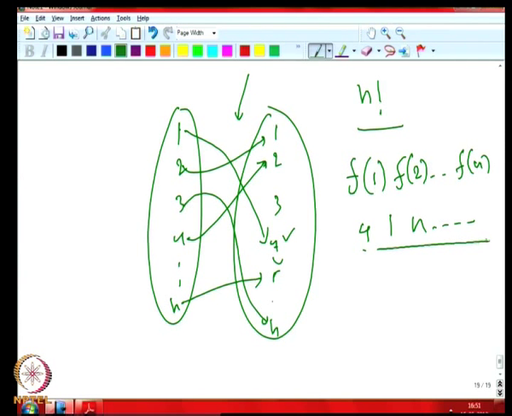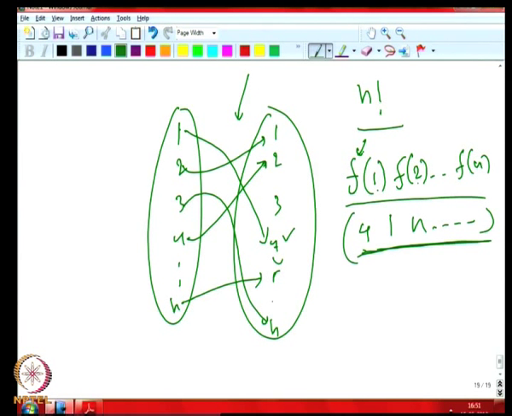Nothing will repeat, because these are bijections. Once f of i takes some value, no other f of i dash can take the same value, so this will be a permutation the way it is written.